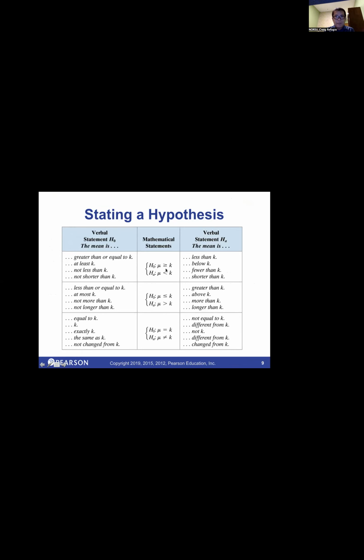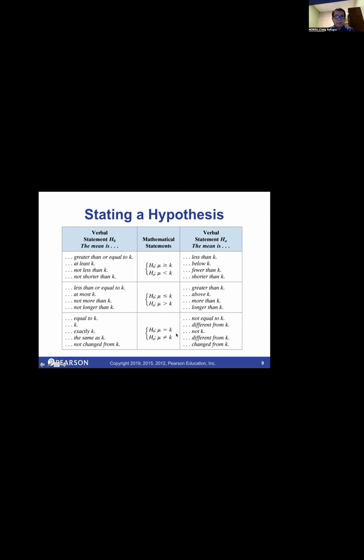And they're actually complementary to each other. This one, less than or equal to, is complementary with greater than. Equality is complementary to not equal to. Since we have mu is equal to k, we label this one as H0. So our HA, mu is not equal to k, following this possibility.